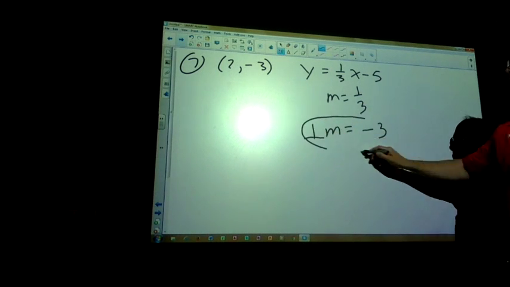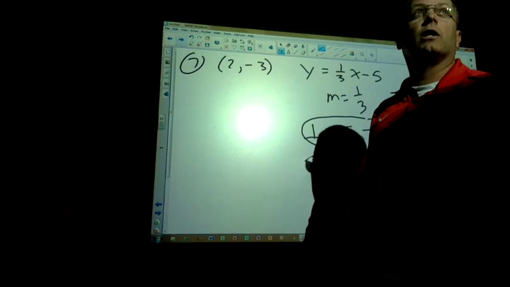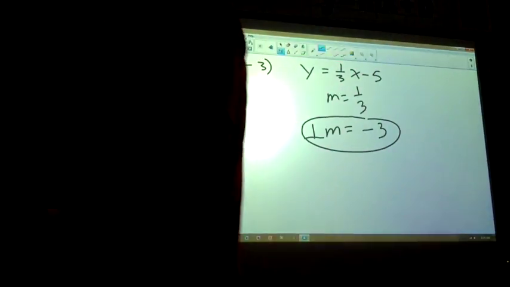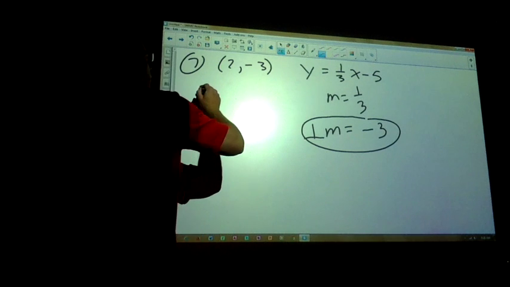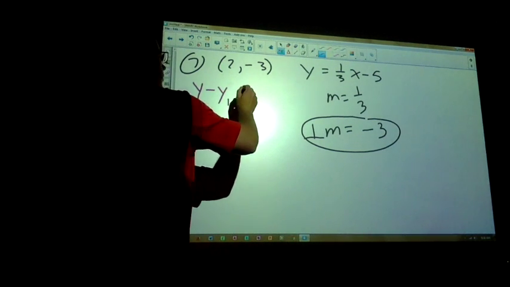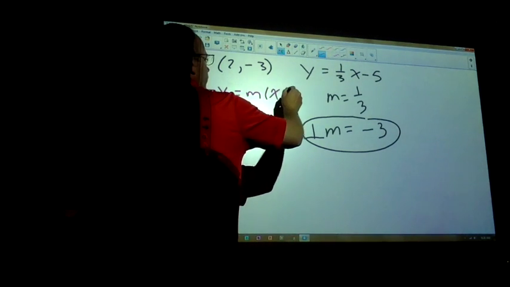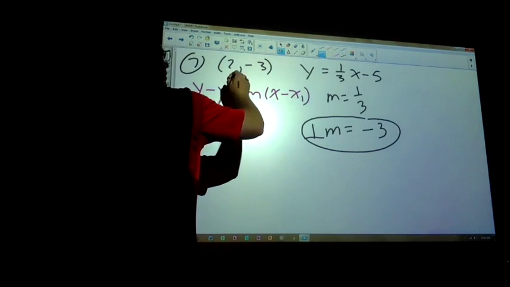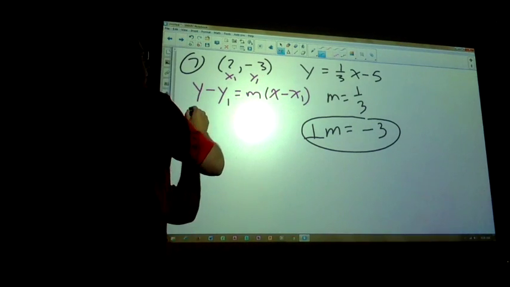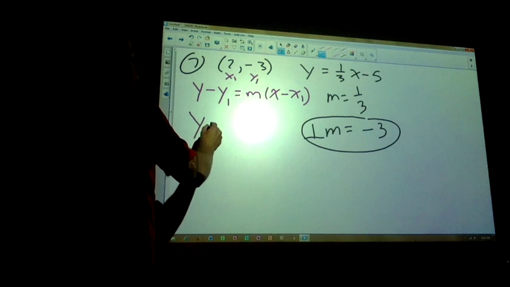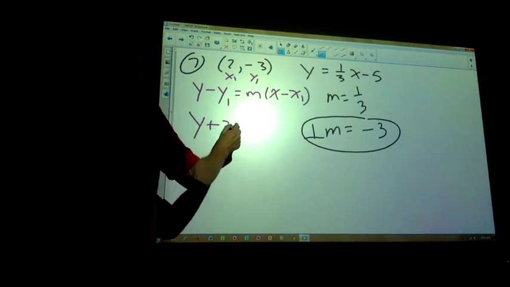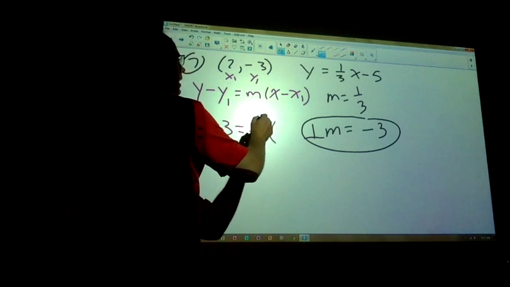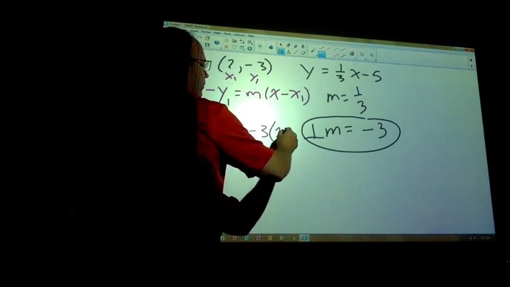So this is the slope I'm worried about, because it wants an equation that is perpendicular and also goes through that point. So I'm going to use my point slope. That's x1, that's y1. So I get y minus -3, which is y plus 3, equals -3 times x minus 2.